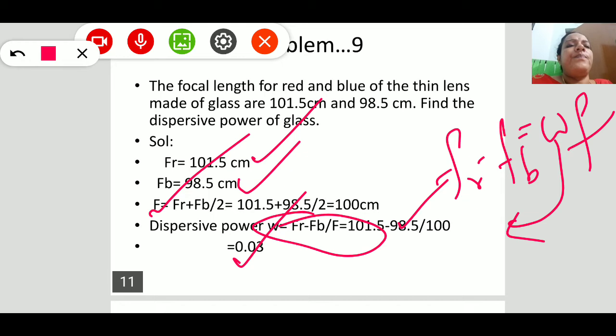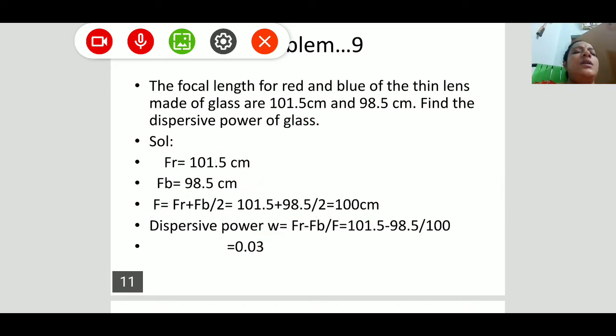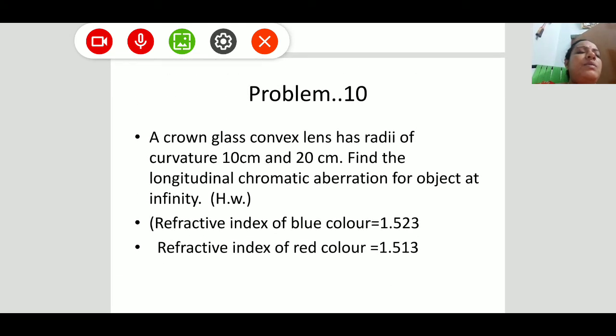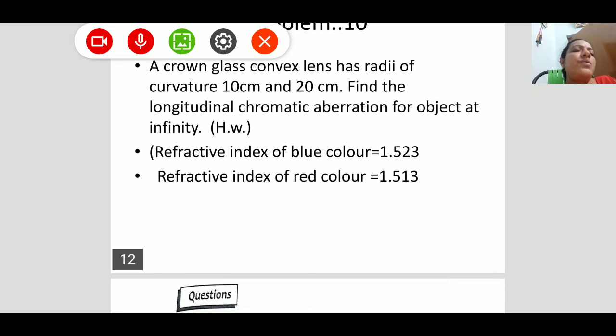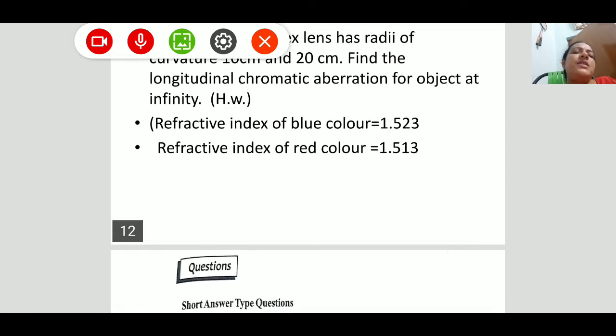Let us take another problem. This you can solve on your own. A crown glass convex lens has radii of curvature 10 centimeters and 20 centimeters. Find the longitudinal chromatic aberration for an object at infinity. This is for your homework actually. Solve it.